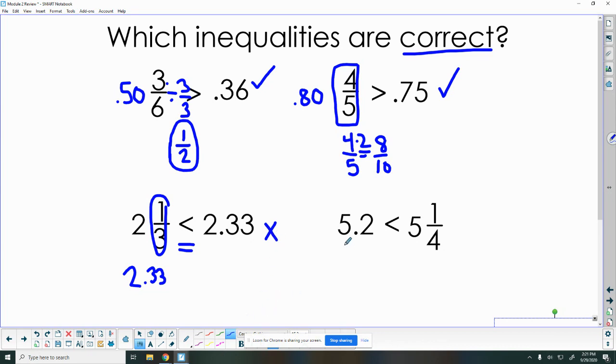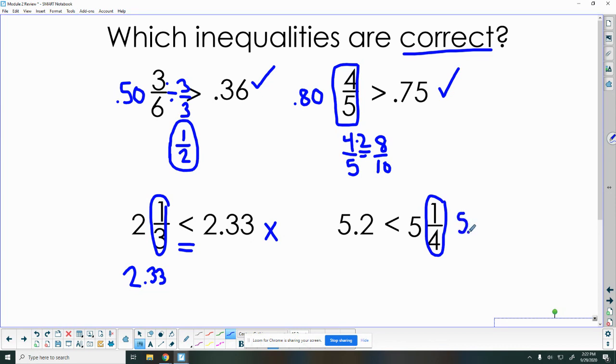Okay, our last one here, we have 5.2, so 5 2/10. They said it is less than 5 1/4. So I can do a couple things here. So I'm going to turn this into a decimal. 1/4, whenever I hear the 4 as a denominator, think quarters.